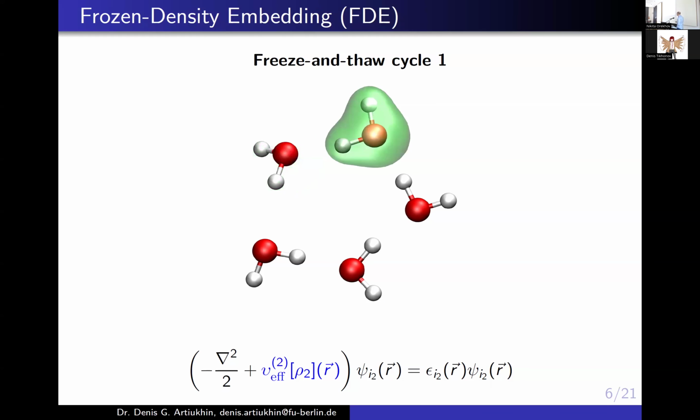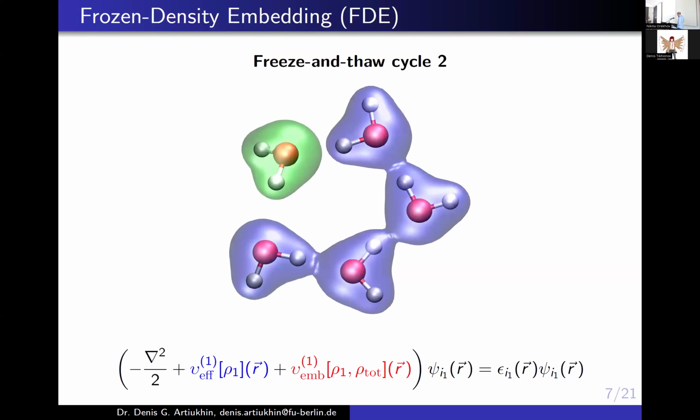Then I do so with the second, third, fourth, fifth, and by the end of the cycle, I have isolated densities of each molecule, so they don't feel interactions. Then I combine everything together, and now I'm optimizing or relaxing the density of the first water molecule, keeping everything else fixed or frozen, and all interactions are in the embedding potential.